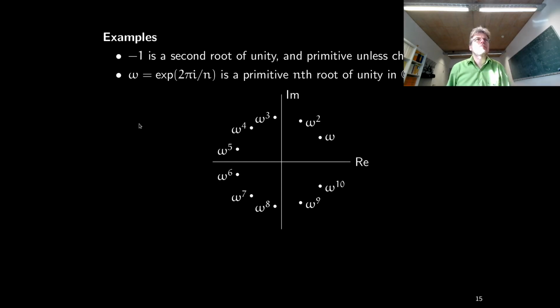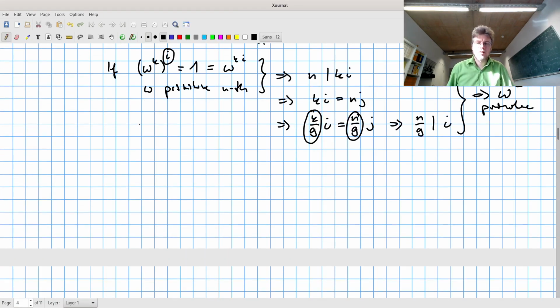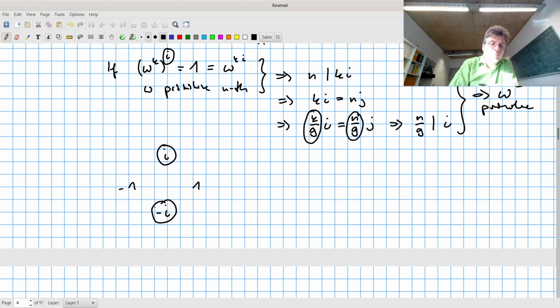Okay, maybe that's a bit too special. Let's see, maybe if I take 1, i, minus 1, minus i, then this is a primitive 4th root of unity, but this one as well, because this is i to the 3, and the GCD of 3 and 4 is 1.